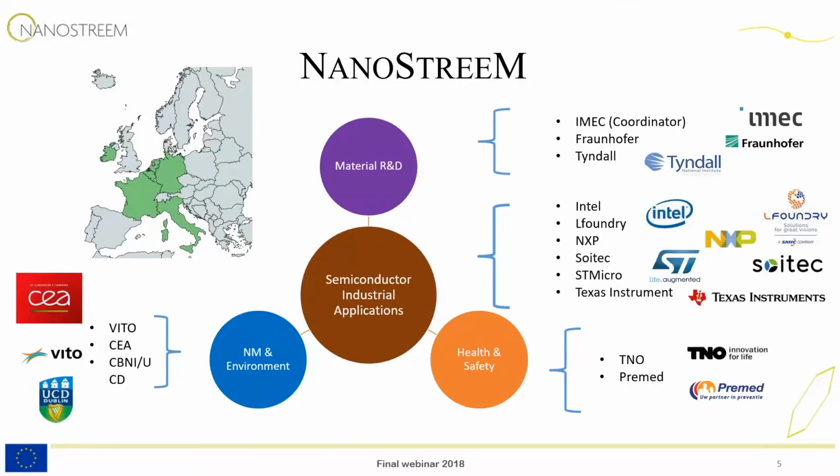That brings us to the composition of the NanoStream consortium, which includes 14 partners from 6 different European countries. We have representatives having strong material R&D processes, such as IMEC as coordinating institution, Fraunhofer IISB, Tyndall, but we also have a lot of semiconductor industrial participants. For example, coming from Intel, from NXP, from ST Microelectronics, Texas Instruments, Soitec, and L-Foundry.